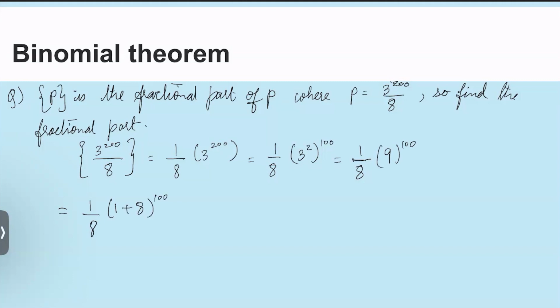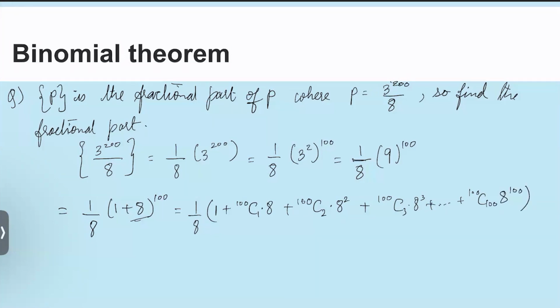Okay, so now if you expand this part, you have 1 by 8 multiplied by 1 plus 100C1 times 8, plus 100C2 times 8 squared, plus 100C3 times 8 cube, all the way up to plus 100C100 times 8 raised to 100.